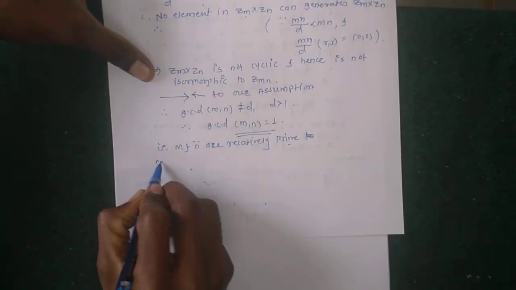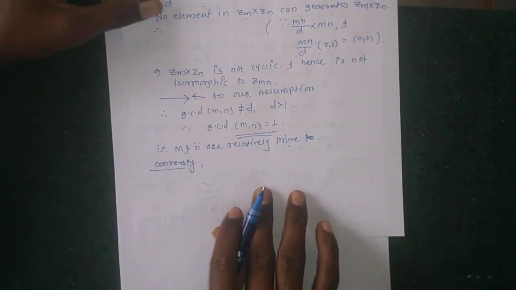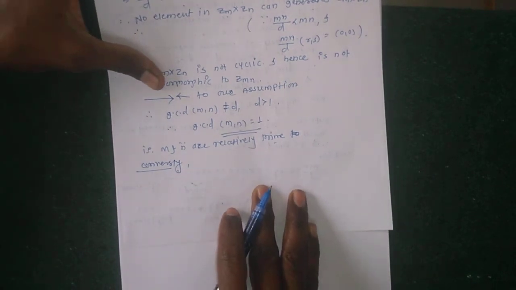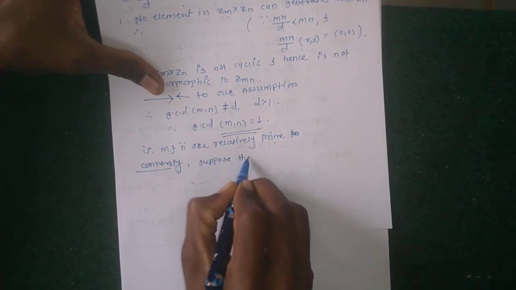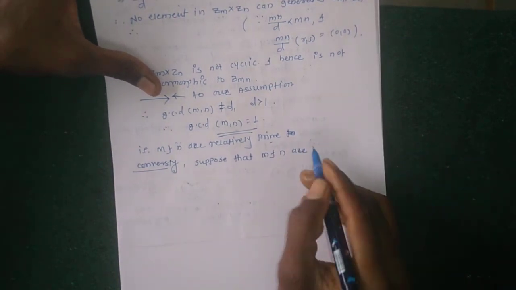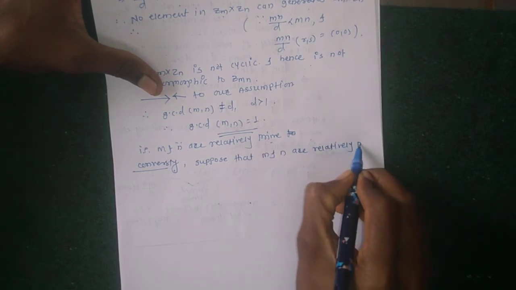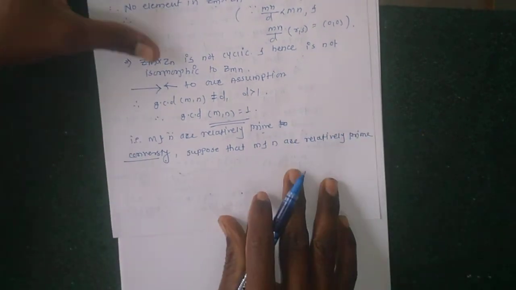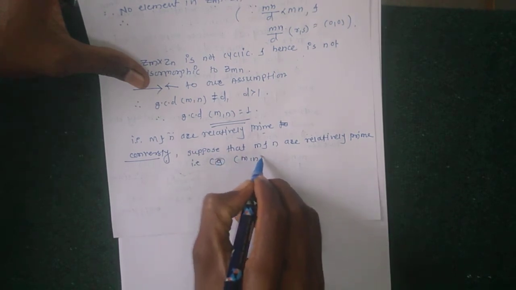Conversely, suppose that m and n are relatively prime, that is, GCD of m and n equal to 1.